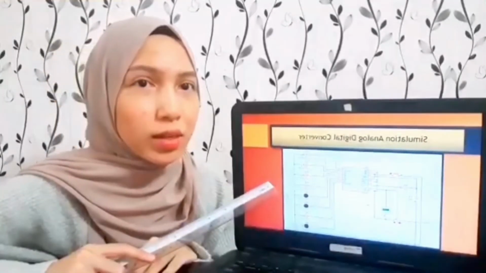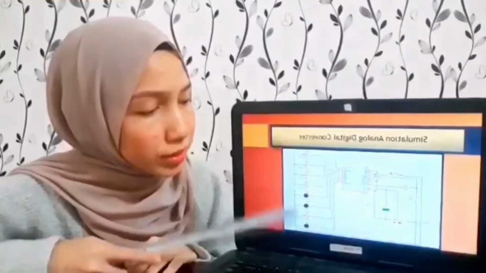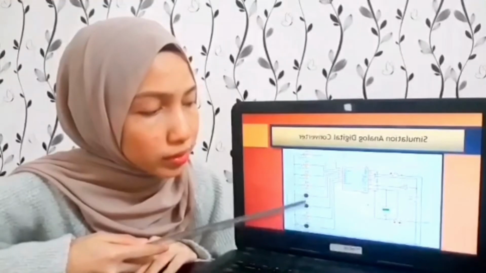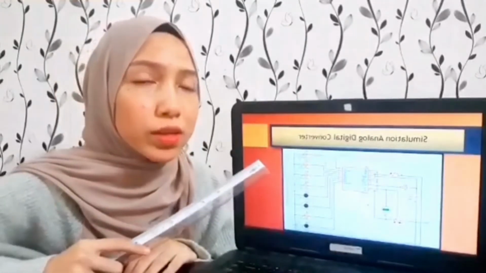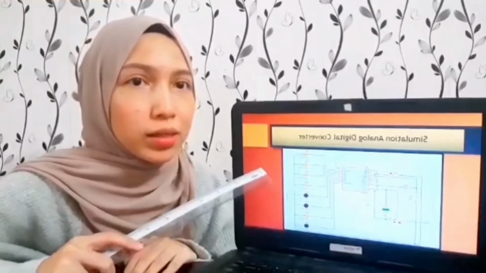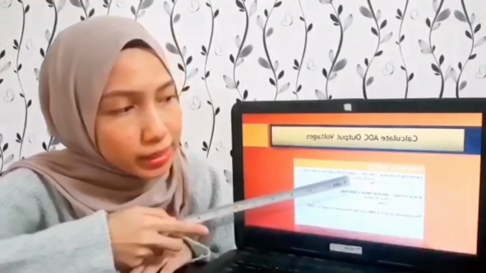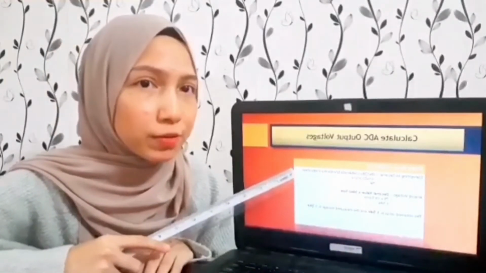So the calculation of the ADC output voltage is, this is a binary value which is 0, 1, 0, 0, 1, 1, 1, 1. And then we convert to decimal, we get 79. Next, the analog voltage is the decimal value multiplied by the step size.